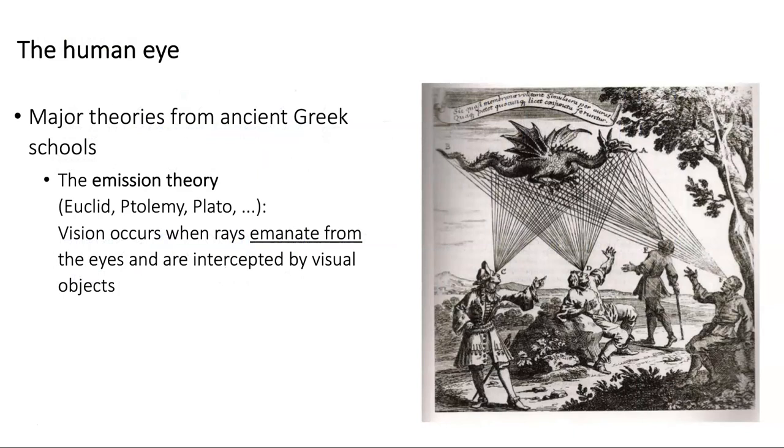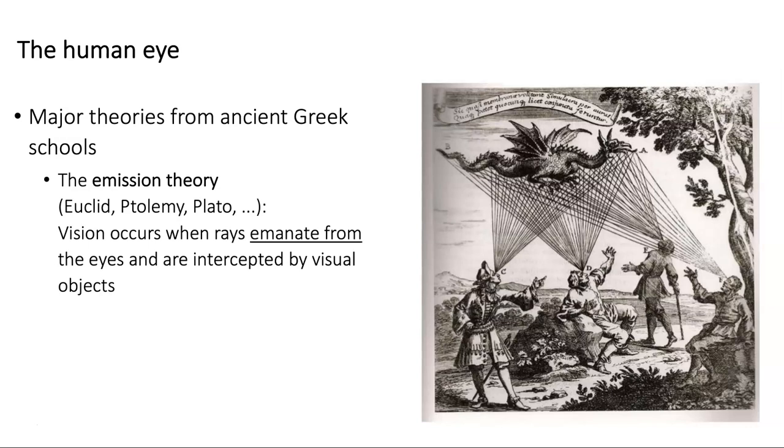We have had an idea of vision since ancient times. If you go back to ancient Greek schools, you see the so-called emission theory, and these thinkers of the time thought that vision was achieved by rays that emanate from the eyes.